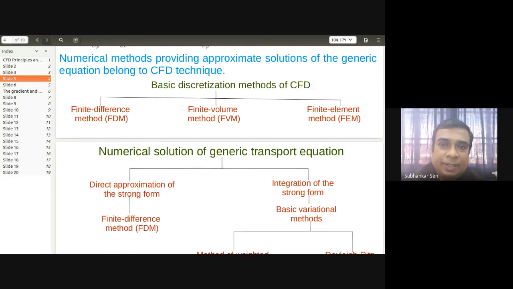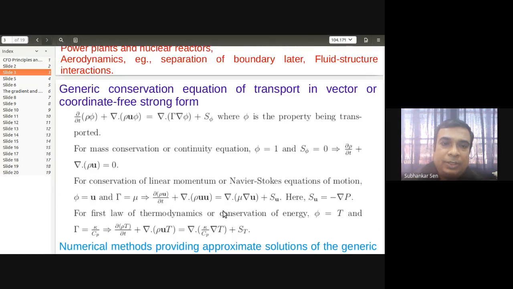So it means that if you look into this equation, suppose this is a second order equation. Let us consider a simple example. Suppose we take the Laplace equation, Poisson equation of heat conduction in one dimension, d2T dx2 plus 1 equals 0.